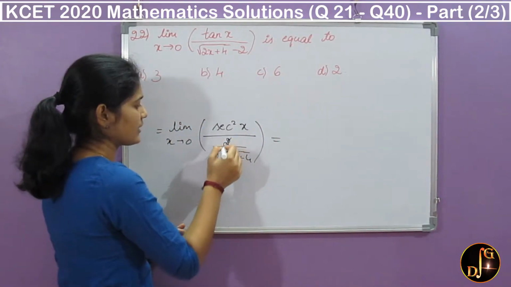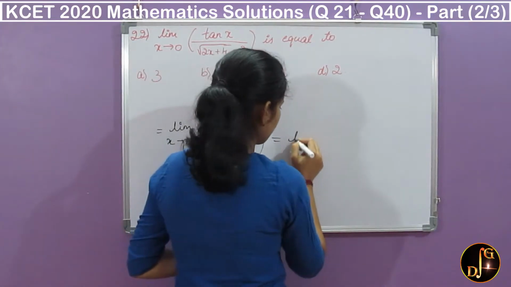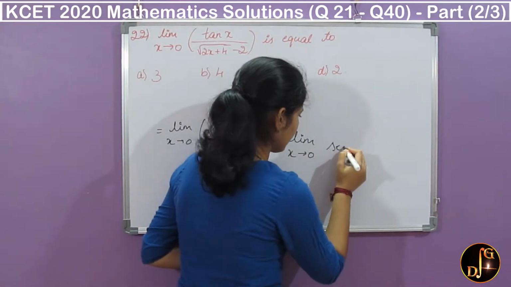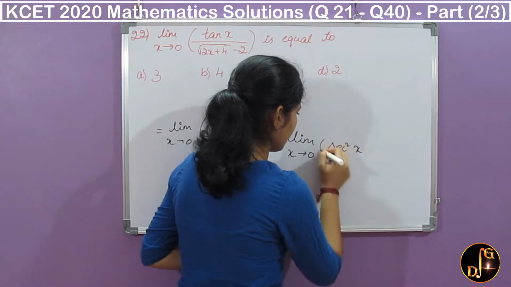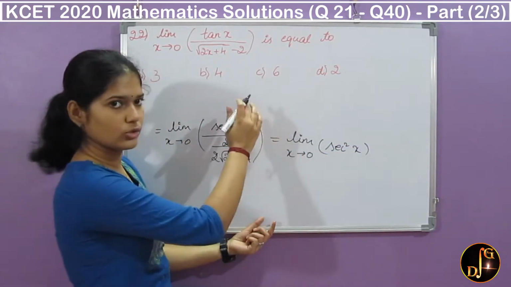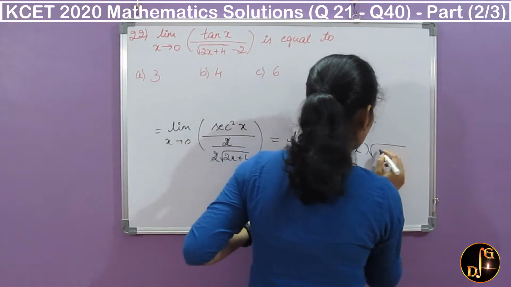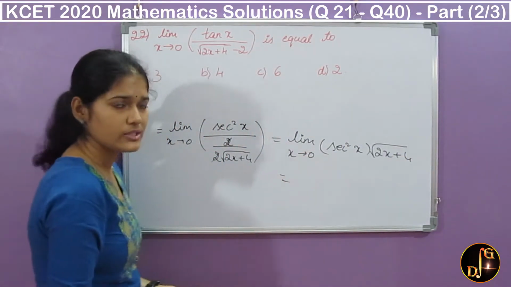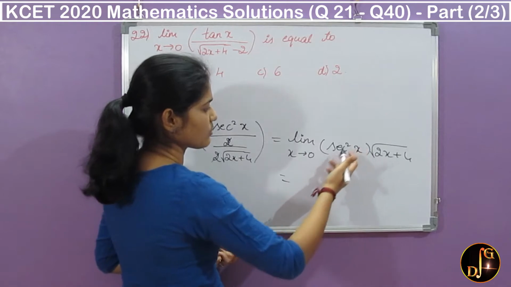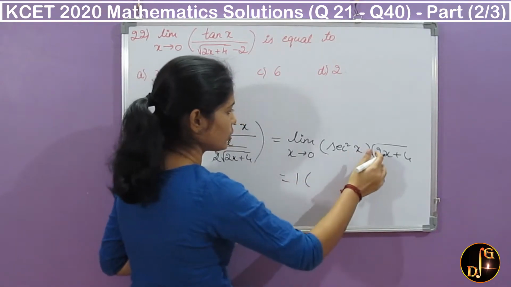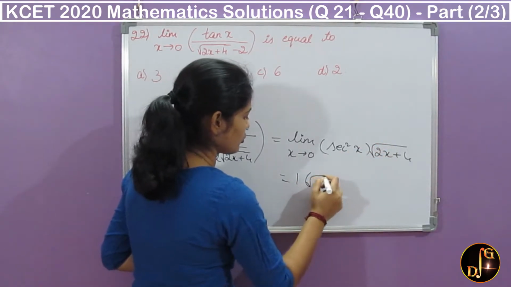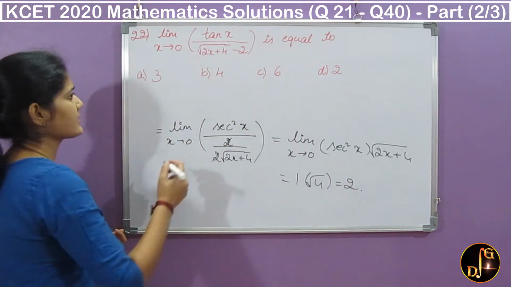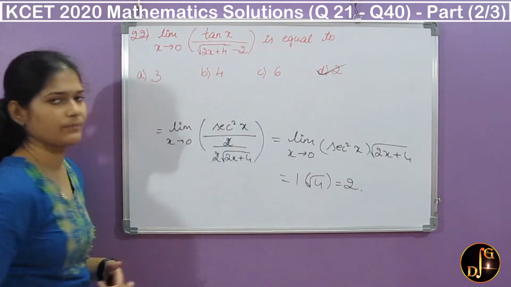If we simplify this, 2 gets cancelled, this will be equal to limit x tends to 0 secant square x into, this will go to the numerator, right? That is root 2x plus 4. Now let's substitute 0. Then secant square 0 is 1 into 2 into 0, 0 into root 4. Root 4 is 2, right? So the answer is option D.